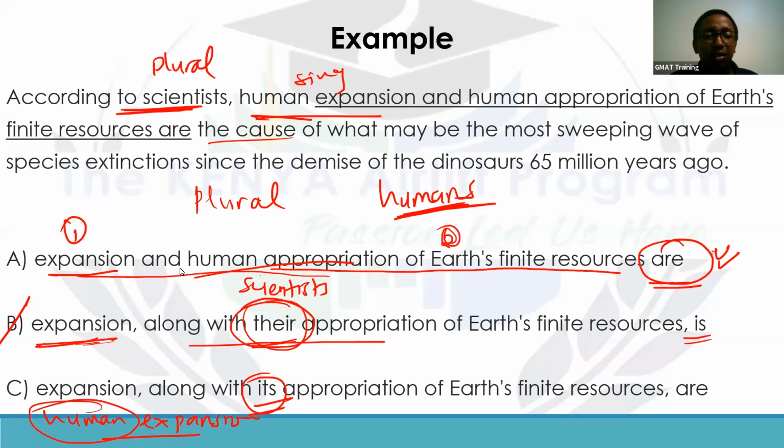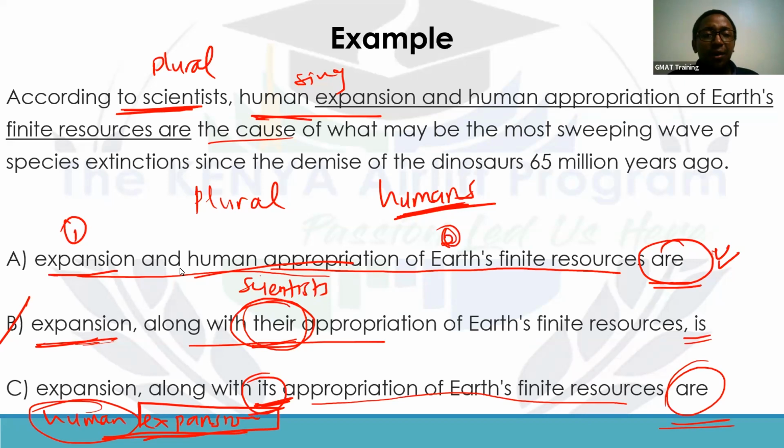We are not talking about human. The subject here is expansion. So the expansion that belongs to the humans. So human expansion is appropriating Earth's finite resources. So doesn't make sense. And then there is that verb.